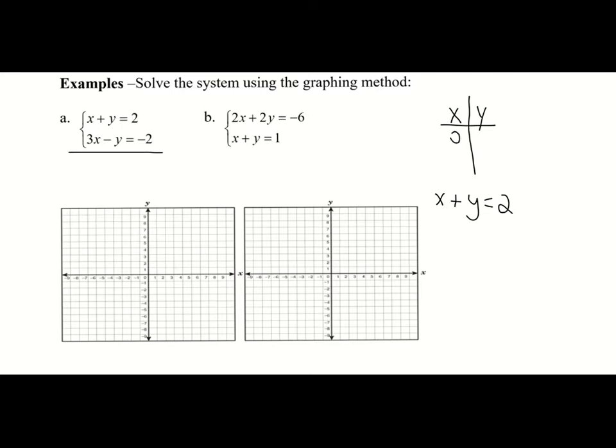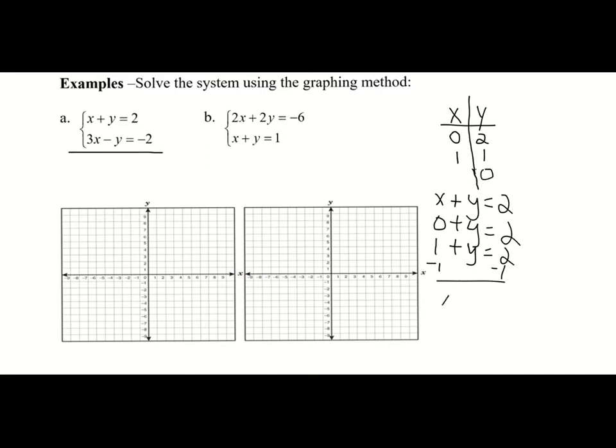So if I plug in a 0 for x, that means I'm going to have 0 plus y equals 2. And then we can see there that y would have to be 2. Let's plug in a 1 for x. If it's 1 plus y equals 2, then when we solve it, y is going to equal 1. And then, so you can see using both ways, let's pick a 0 for y.